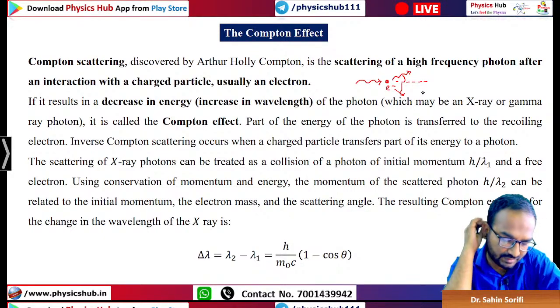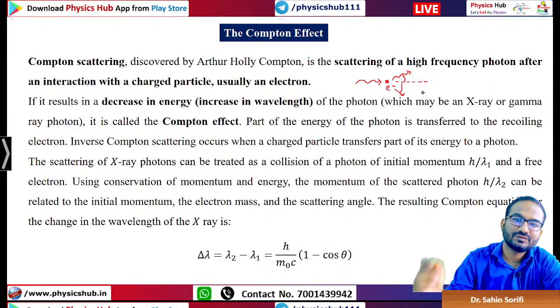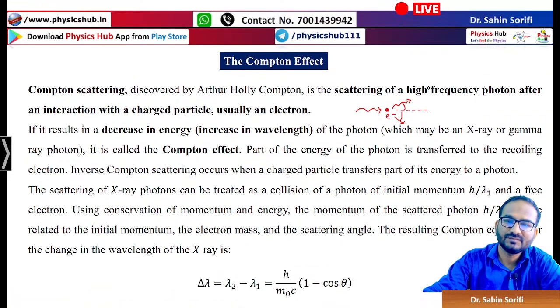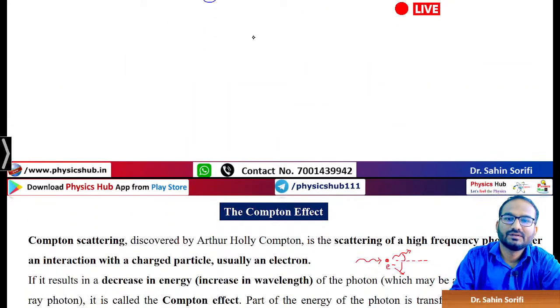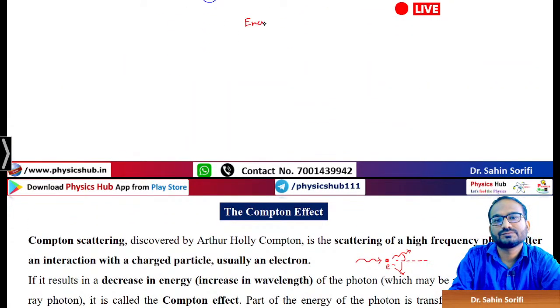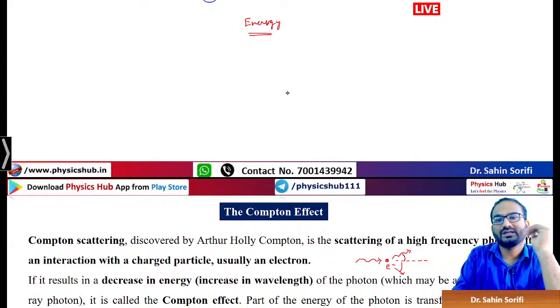The number of emitted electrons depends only on the intensity of the incident photon, not the energy of the incident photon. Am I correct? So you see, the energy of the photon is the minimum criterion.